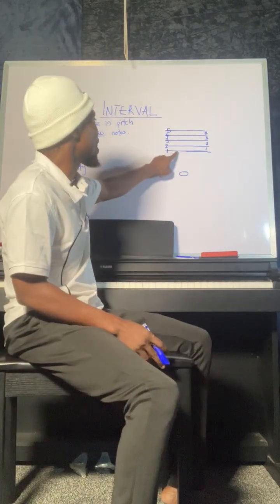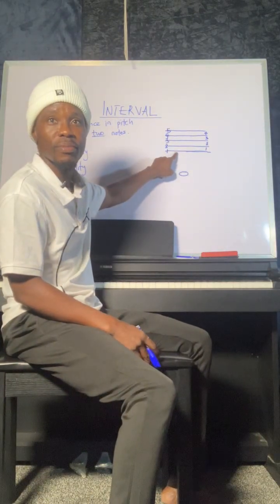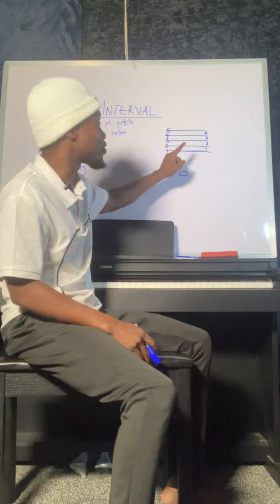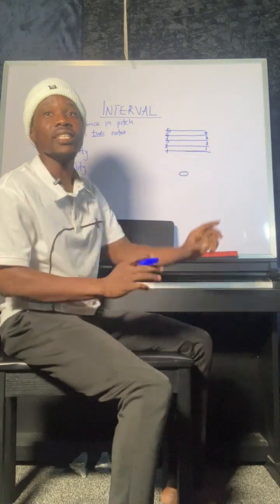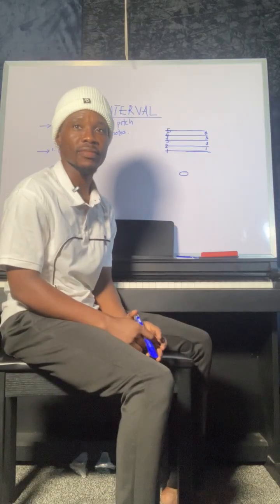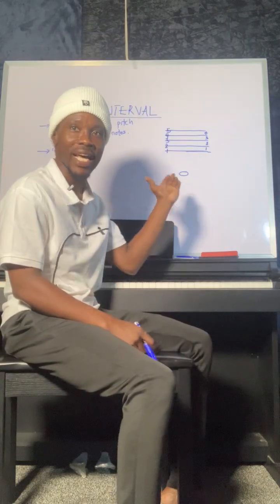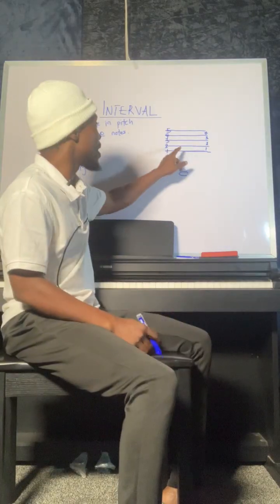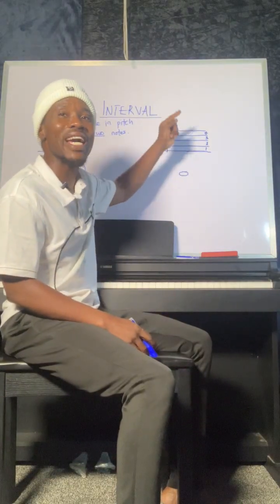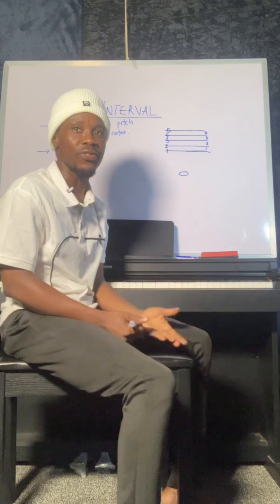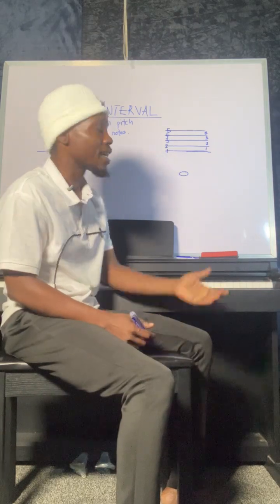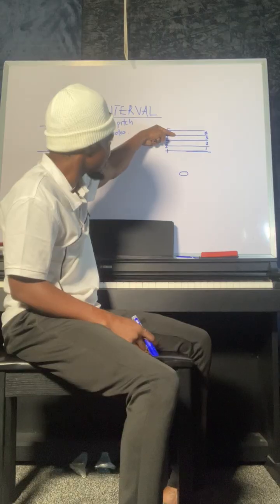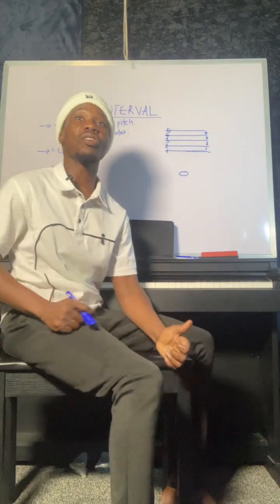The idea is that from a line in the staff to the next line is a third. From a line to the next two lines is a fifth. And from a line to the next three lines above the line is called a seventh.